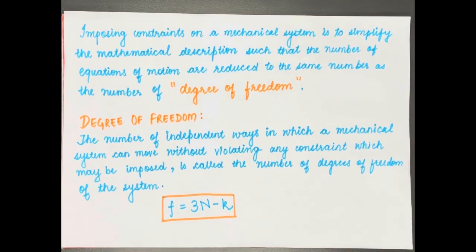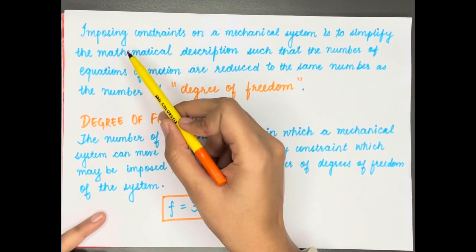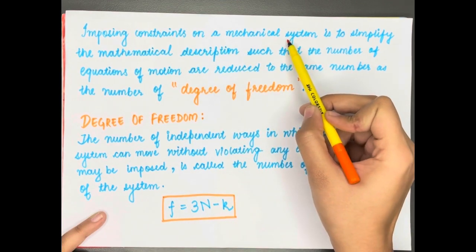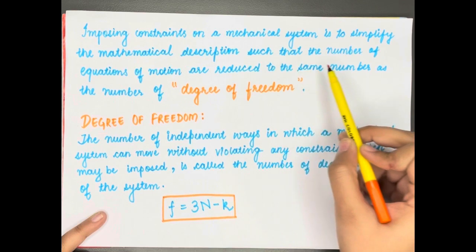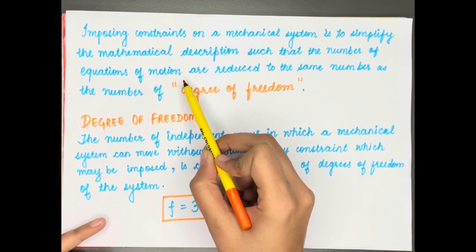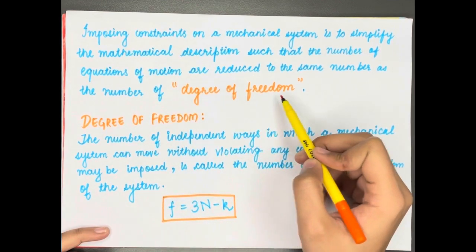How many equations of motion are required to solve the mathematical description? That will be equal to the degree of freedom. Let us read this. Imposing constraints on a mechanical system is to simplify the mathematical description such that the number of equations of motion are reduced to the same number as the number of degrees of freedom.